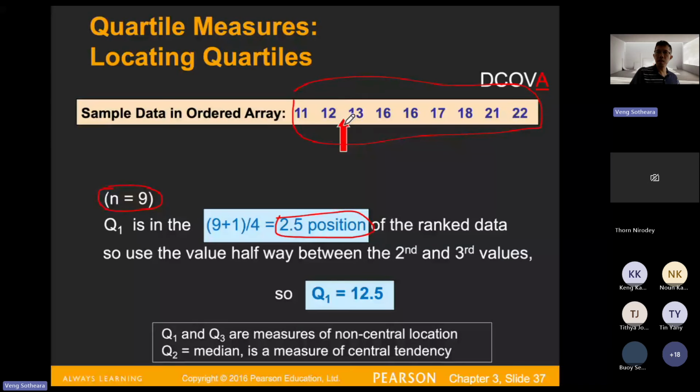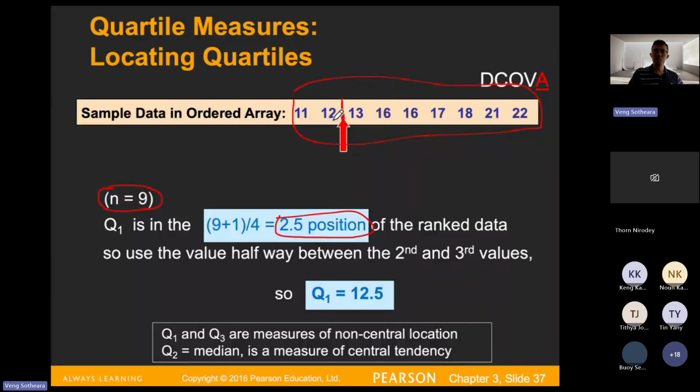So 2.5 is some value in between the second and the third, right? 2.5 is just the position of Q1, not Q1 itself. To get the value of Q1, you have to find the average of the second and the third position, because Q1 is in 2.5 position.